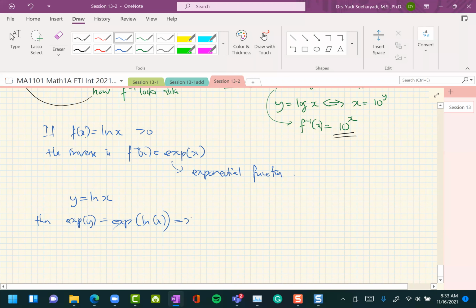So you get x. So this means x equals exp of y. This is the inverse identity. Okay, for example, we know the graph of exp.